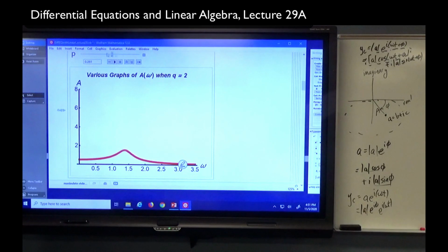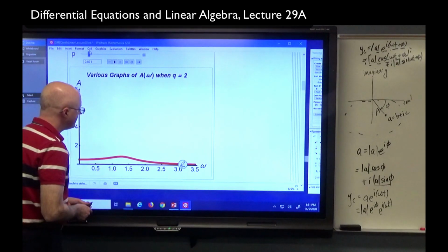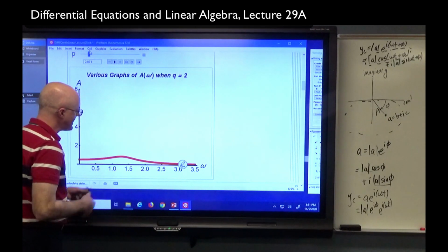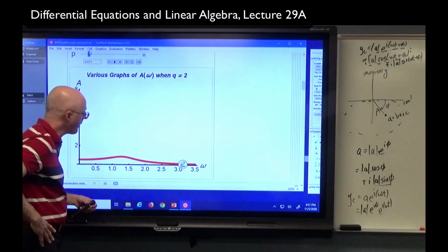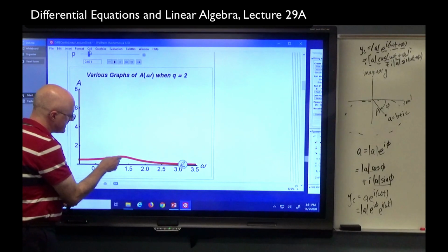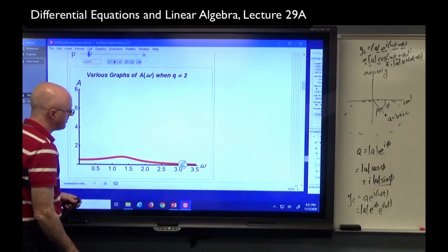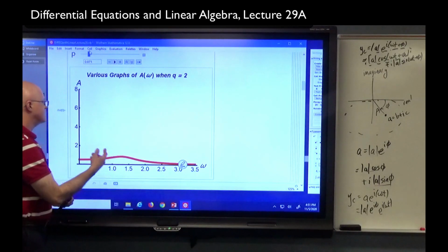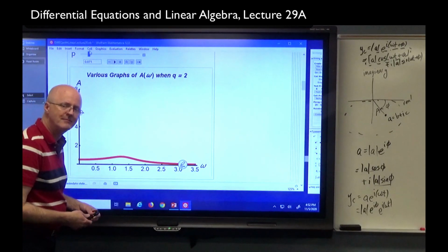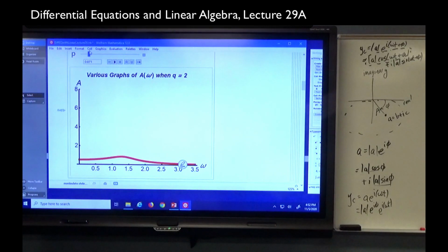On the other hand, when the damping is relatively large, we still get a maximum amplitude for the forced response, a maximum energy, if you want to think of it that way, when you're close to the peak here, which is a little less than 1.4, 1.3 maybe. You still get a maximum, but it's not as extreme when you've got more damping.